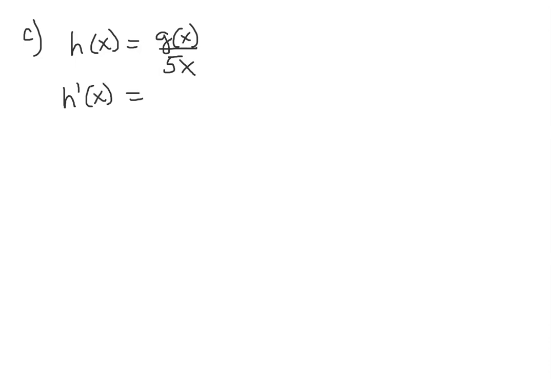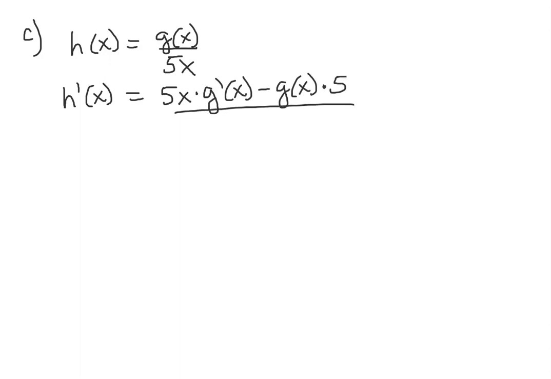This is a quotient of two functions, so use your quotient rule: the bottom times the derivative of the top minus the top times the derivative of the bottom, all over the bottom squared. And we're looking for h prime of 3.